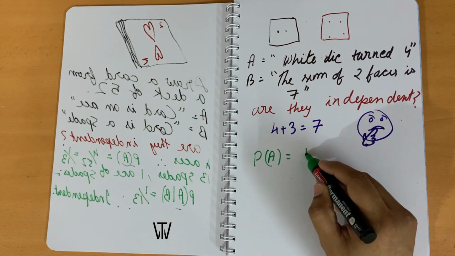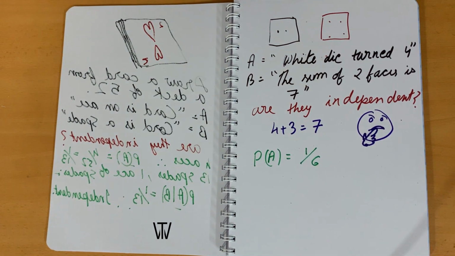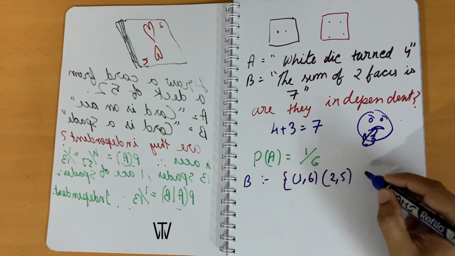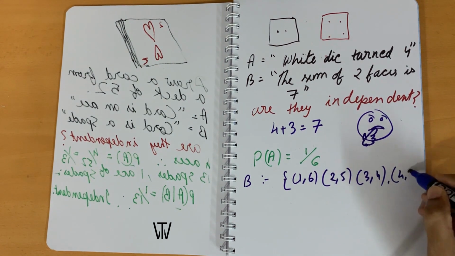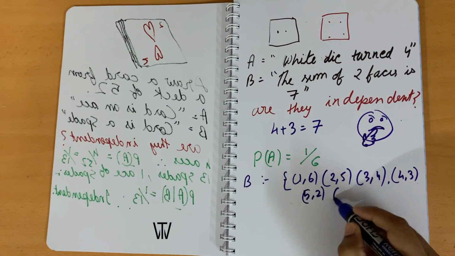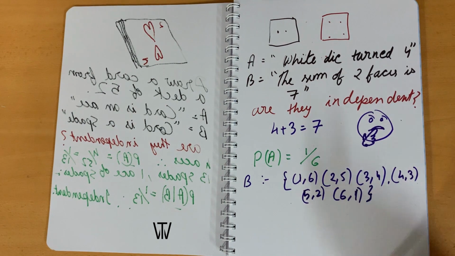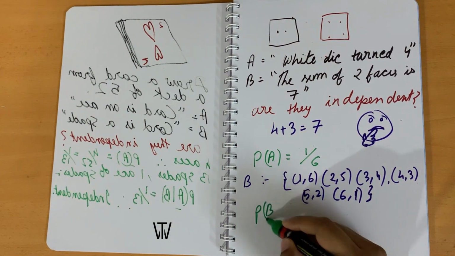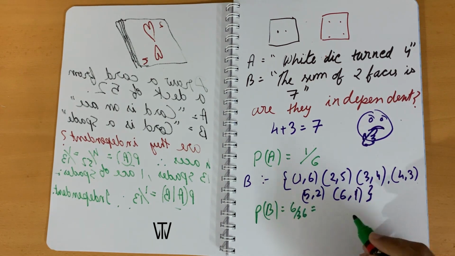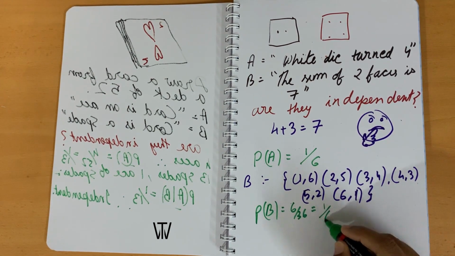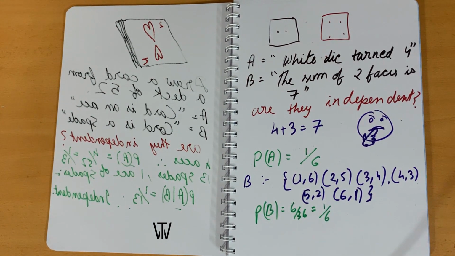Let's see. First of all, P of A equals 1 by 6. Let us see all the different ways in which the sum can be 7. They are 1,6; 2,5; 3,4; 4,3; 5,2; 6,1. There are 36 possible combinations overall, so P of B equals 6 by 36, that equals 1 by 6.